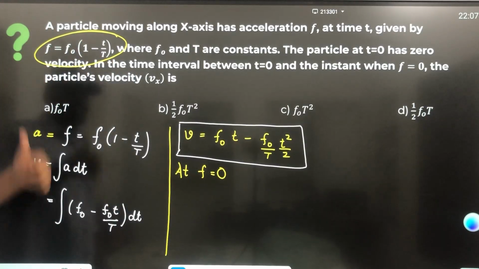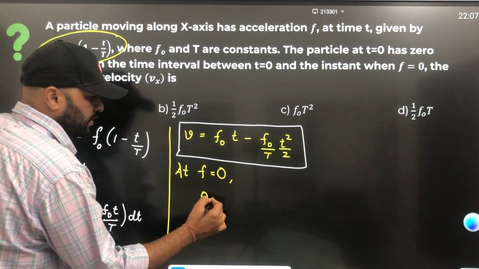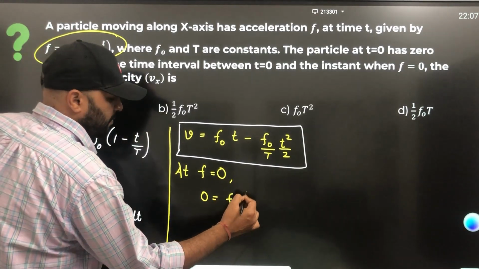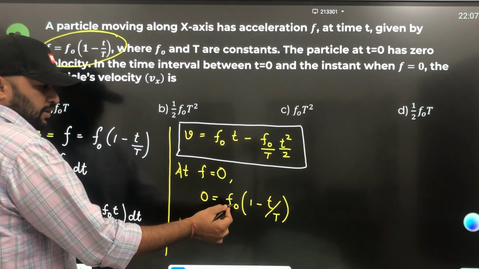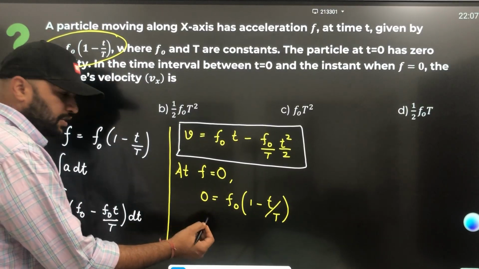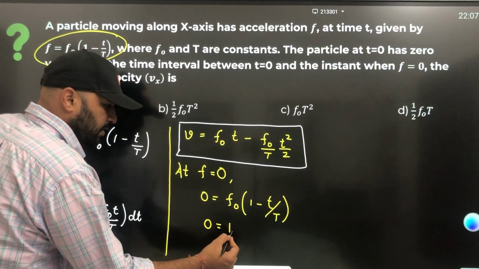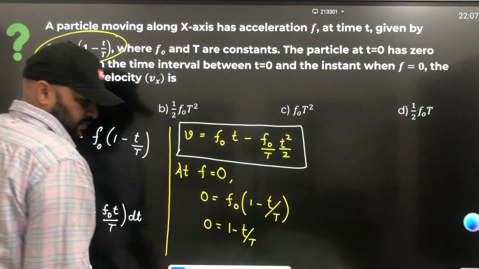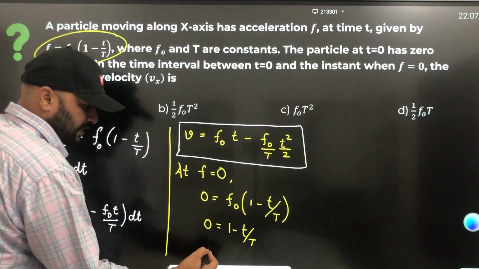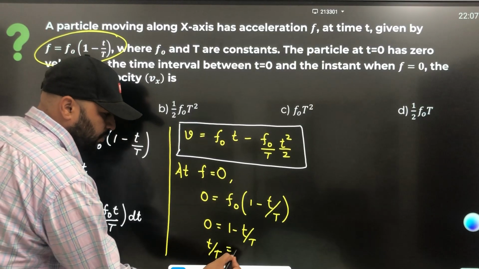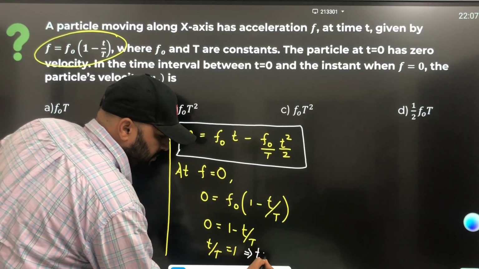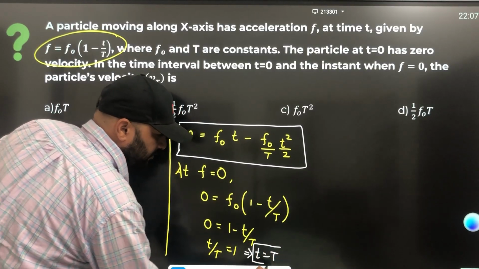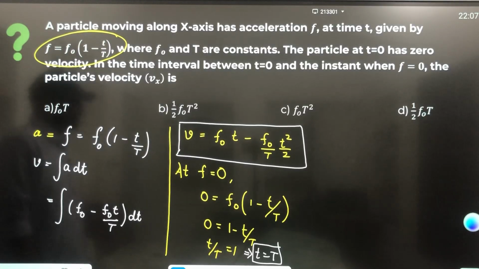So 0 equals f naught times (1 minus t upon capital T). Taking this f naught to the left hand side, it becomes 0, so 0 equals 1 minus t by T. Taking this to that side, t by T equals 1, and here small t, the time, is nothing but capital T.